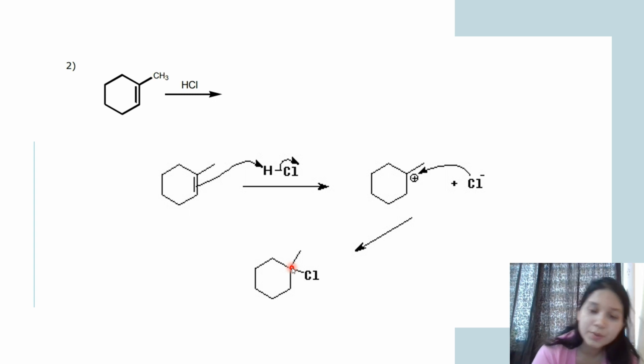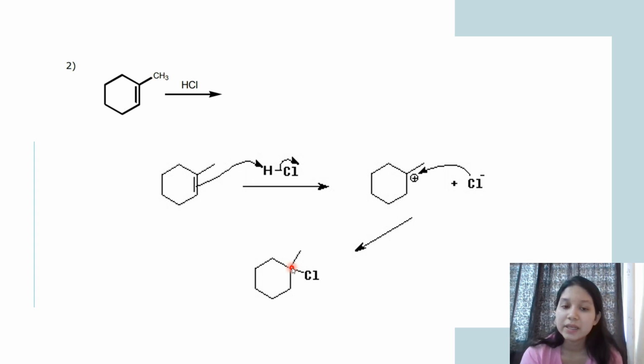If you are asked whether this reaction is following Markovnikov rule or not, whether Markovnikov regioselectivity is being followed here or not: H and Cl are getting added across this double bond. In the final product, hydrogen is getting added here and chloride is getting added here.